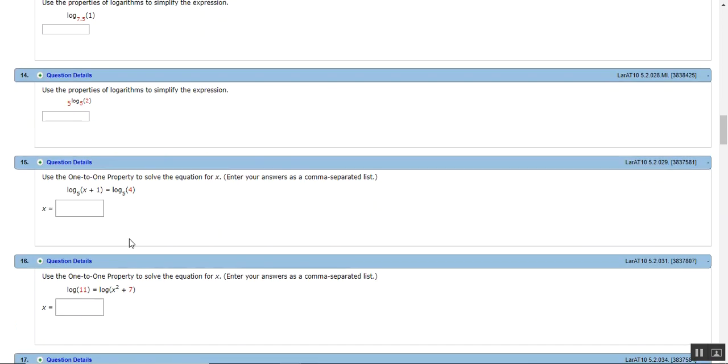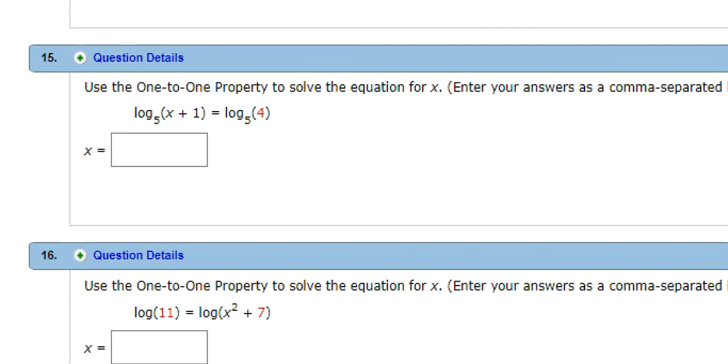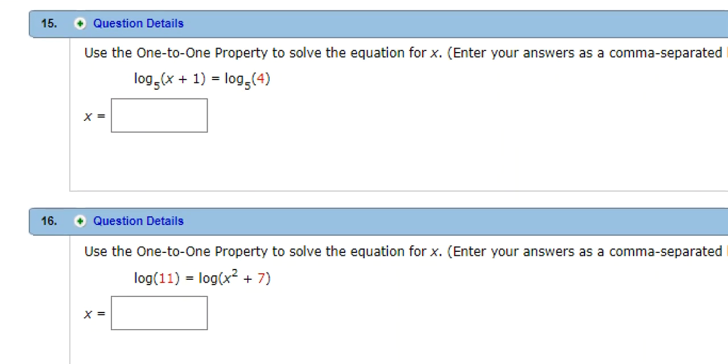Okay, the very last two, 15 and 16, we have to use the one-to-one property. So now take a look at 15. Both log functions have the same base 5. Therefore, x plus 1 has to be equal to 4.